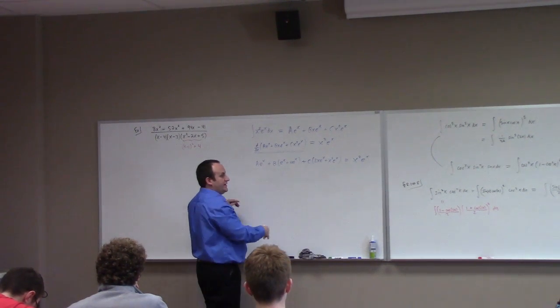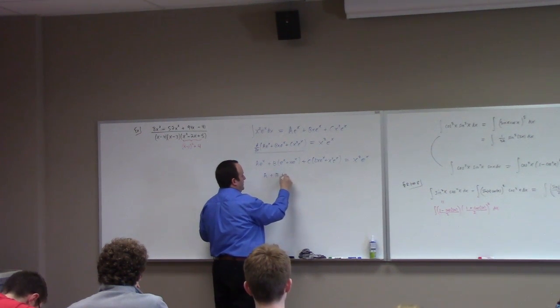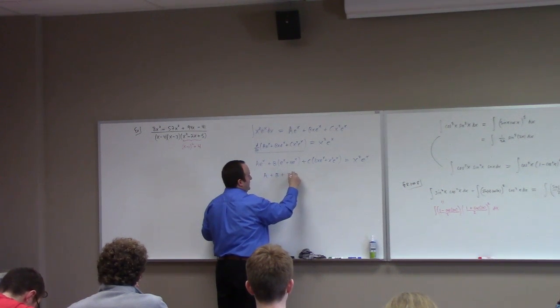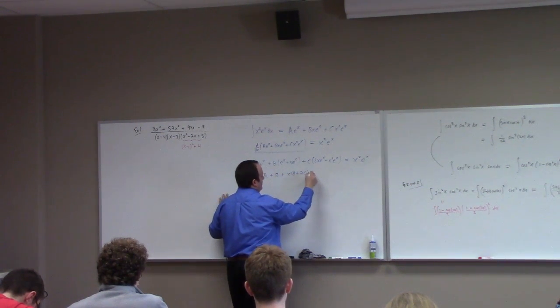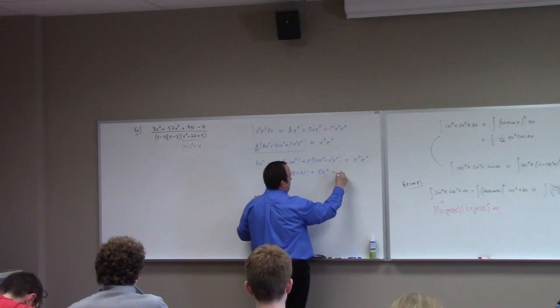If I divide this by e to the x, what do I get? I get a plus b plus x times b plus 2c plus x squared times c, or c x squared, equals x squared.